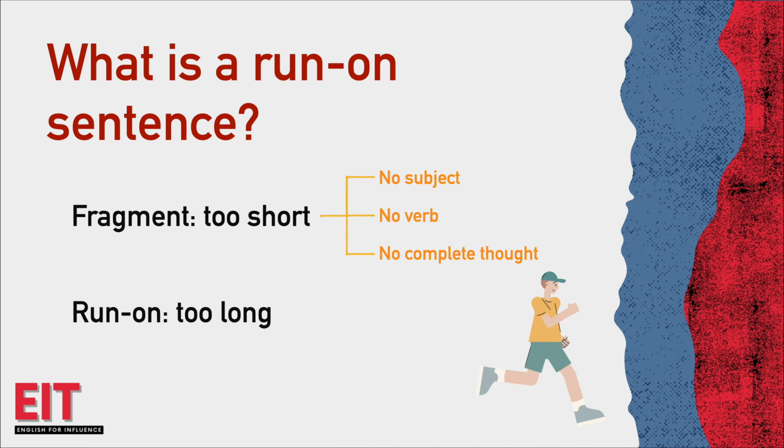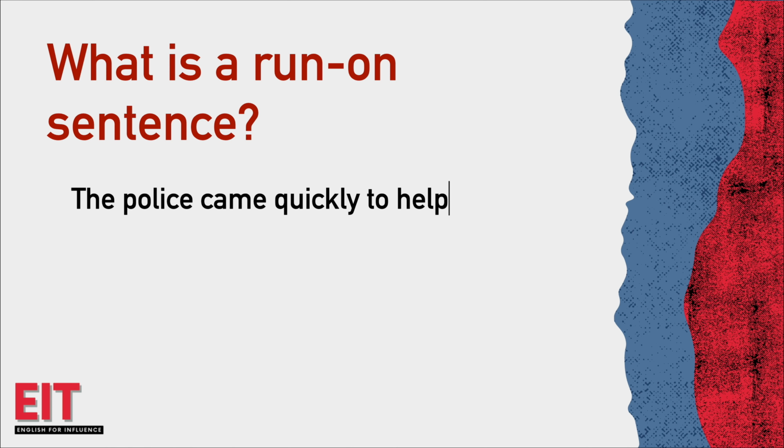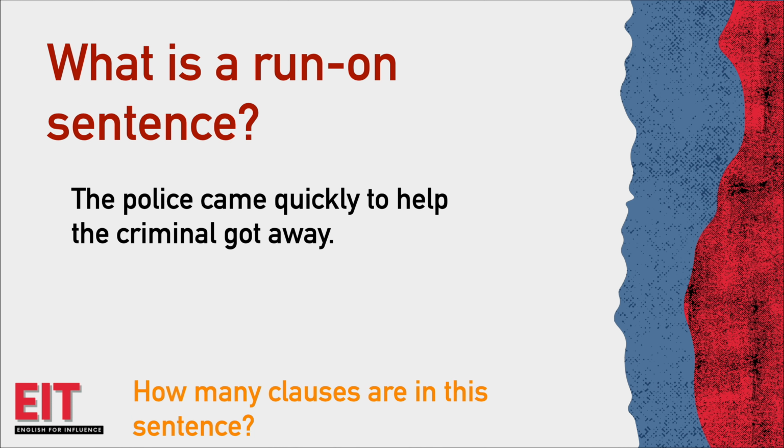Okay, let's go back to our example. The police came quickly to help the criminal got away. Let's analyze it. So how many clauses do we have here? I hope you remember what clauses are. They are a group of words that has a subject and a verb. So we've got the police as our subject, came as our verb, so that's one clause.